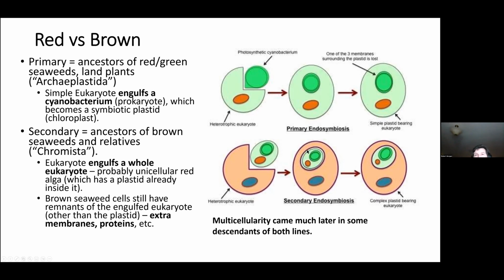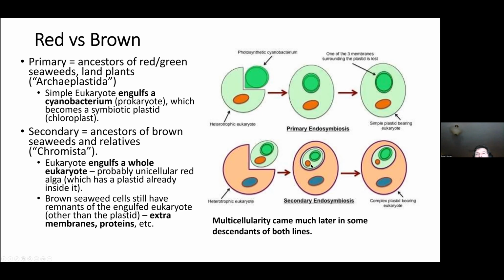It swallows that and incorporates that. So you can see the difference here, it's like a cell, if you like, within a cell, a complex cell within the new, even more complex cell. And all the cells of brown seaweeds are like that.